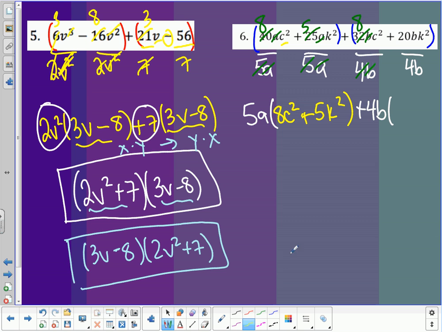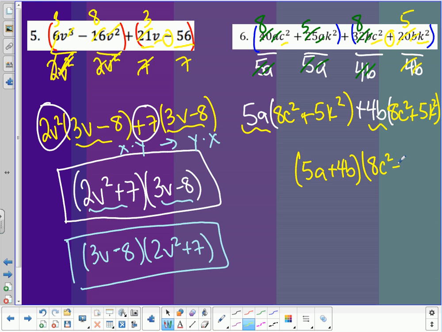So there's that 8c squared, because I have the c squared left over. And then 20 divided by 4 is 5, and b over b goes away, leaving me with k squared, plus in the middle, plus 5k squared. Whew. So I have 5a plus 4b from the outsides, and 8c squared plus 5k squared from the insides.